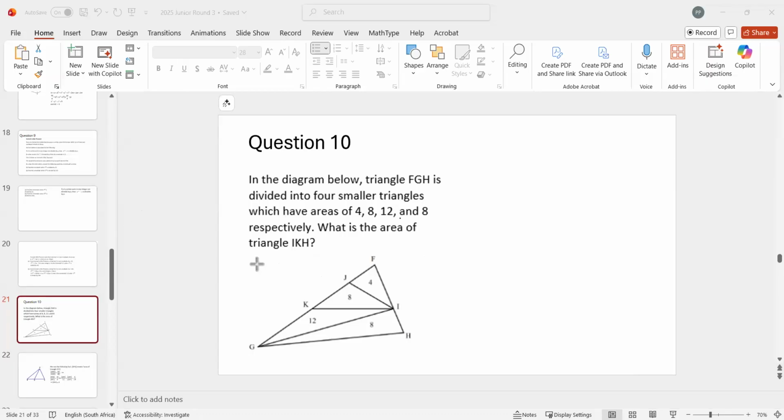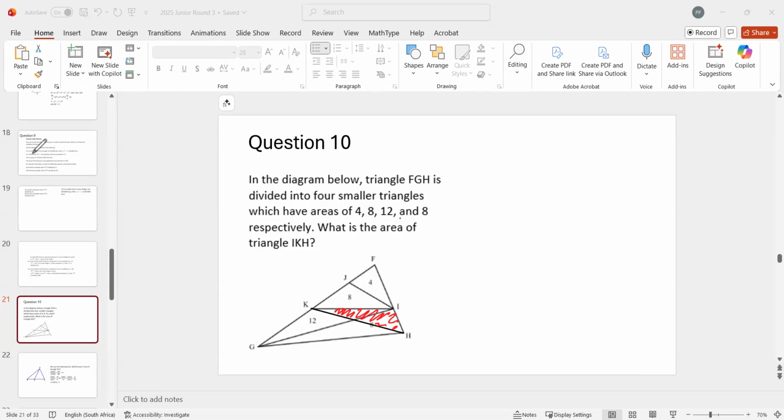So let's just identify it. This is the area that you want to find. Knowing these other areas, 4, 8, 12, and 8.